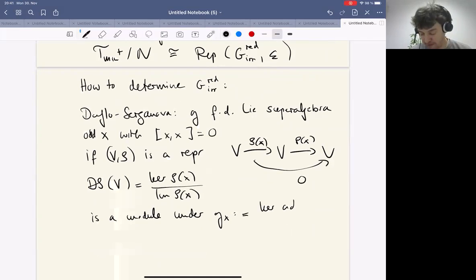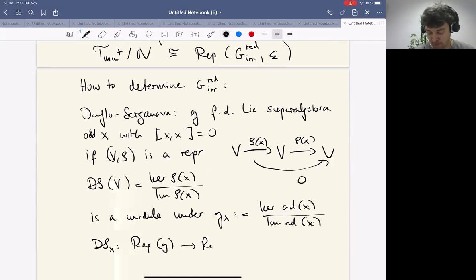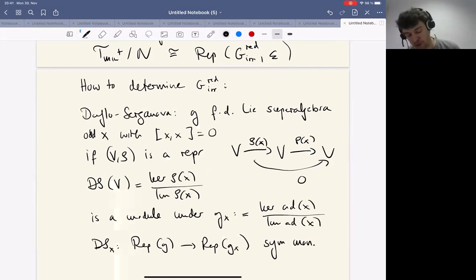Kernel of rho X divided by image of rho X. And then you obtain a functor depending on X. And this turns out to be a symmetric monoidal functor. So this is a functor that you can use to reduce many, many questions to lower rank.